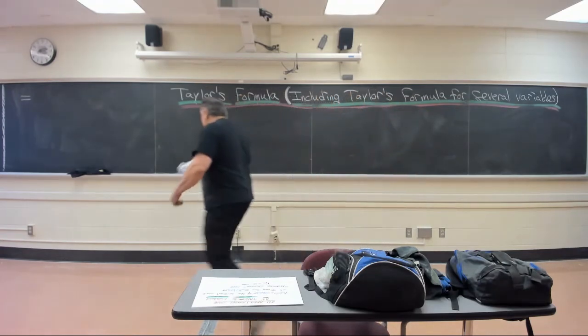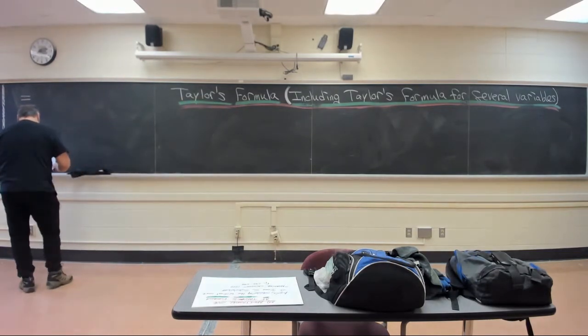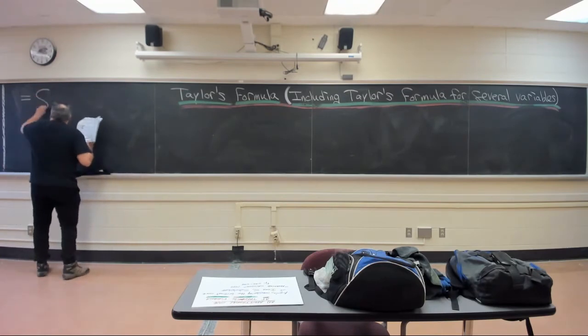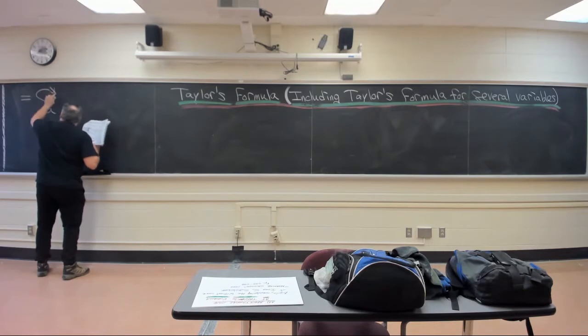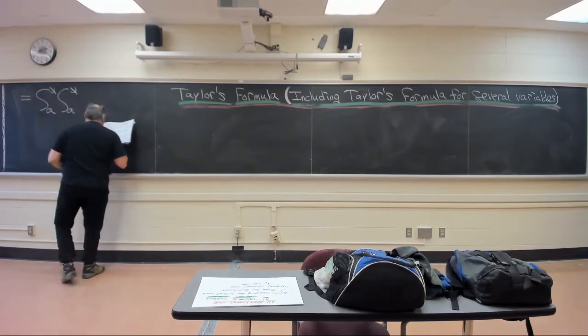To get the nth derivative of f, there was n derivatives that were done. So with that in mind, the integral from a to x, so I'm doing two integrals.